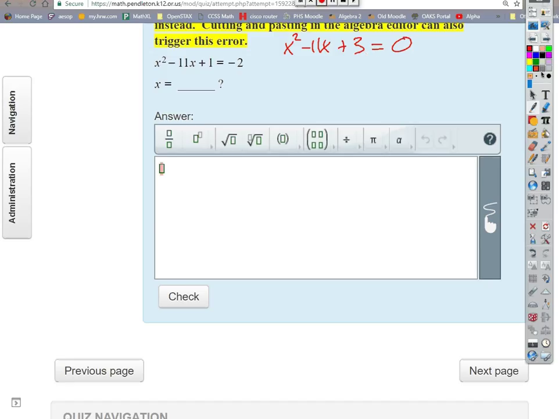So what is the quadratic formula? Quick. X equals negative b plus or minus square root b squared minus 4ac divided by 2. Okay, so let's plug in our stuff.